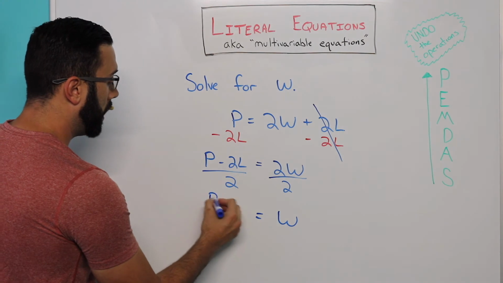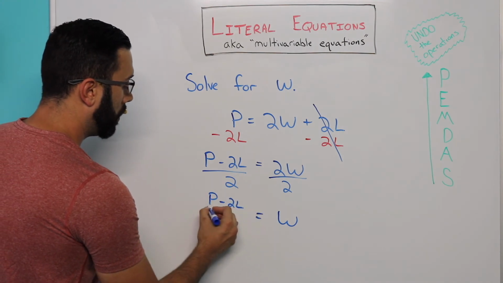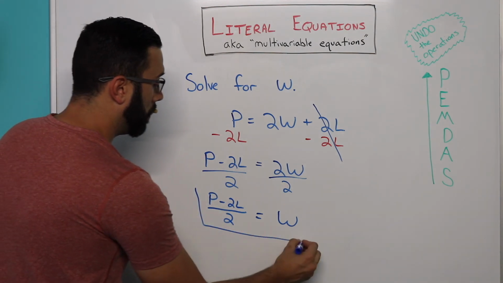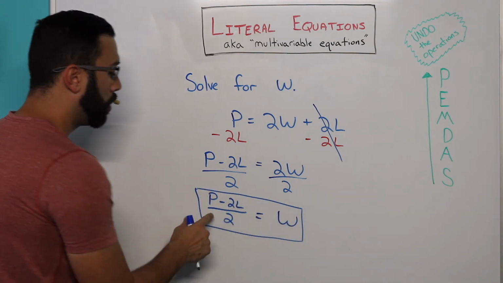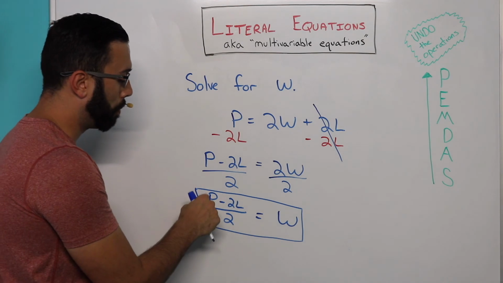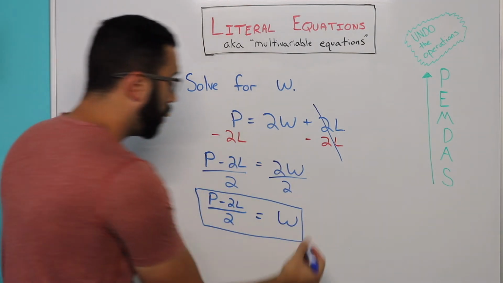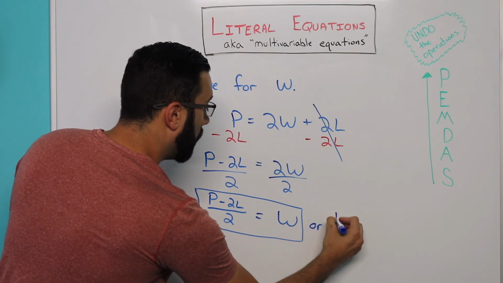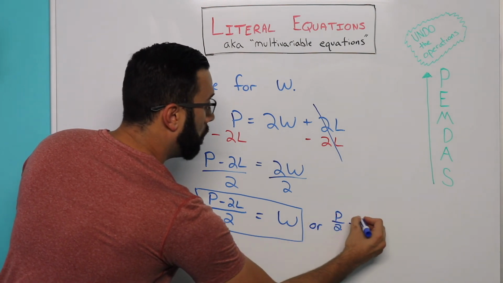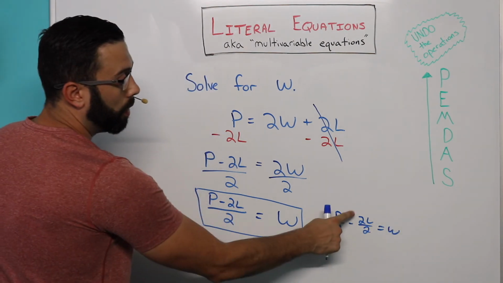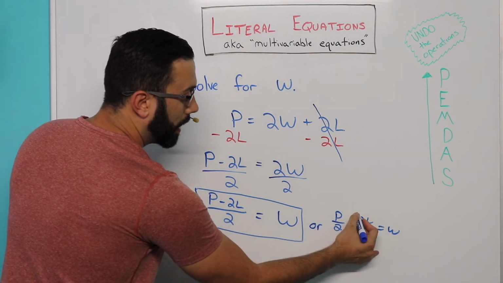It's equal to P minus 2L over 2. Now you could write this by splitting it up, going P over 2 minus 2L over 2 equals W. But then what do you notice? 2 divided by 2, they cancel out.